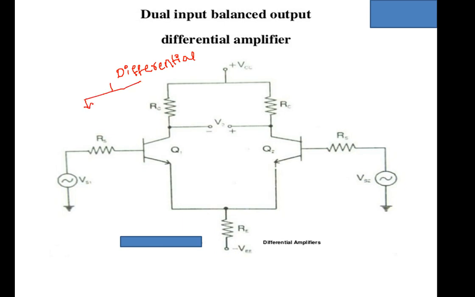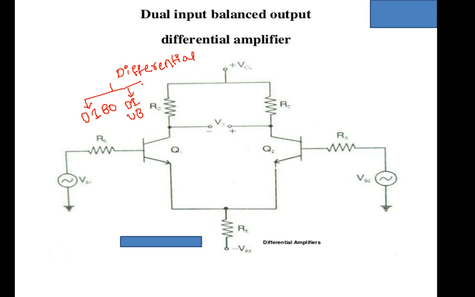The first one is dual input balanced output, that means two inputs are applied and two outputs are taken. The second one is dual input unbalanced output, that means two inputs are applied but we take only one output.